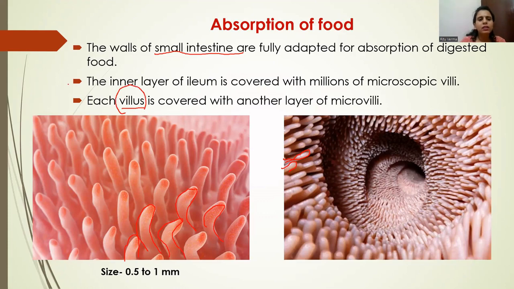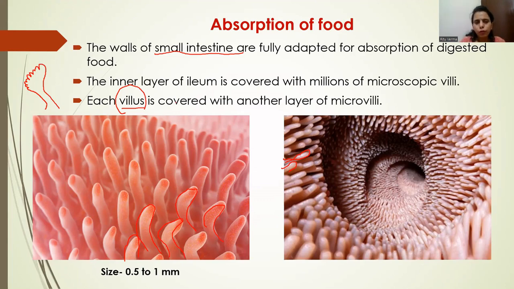On the top of each villus, there are other smaller parts which are called microvilli. What these villi do is increase the surface area for the process of absorption of food.